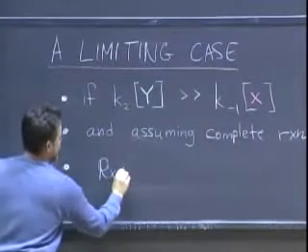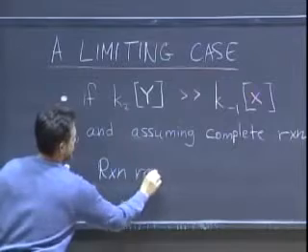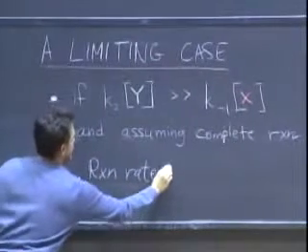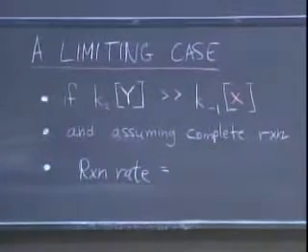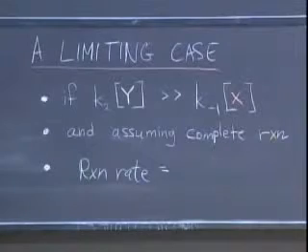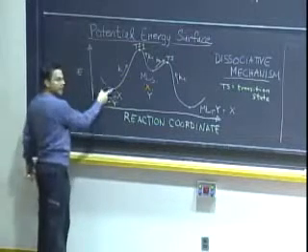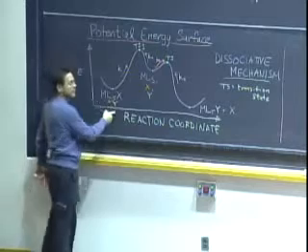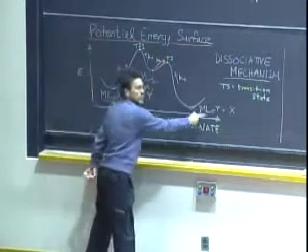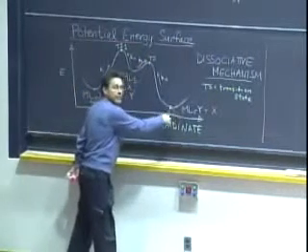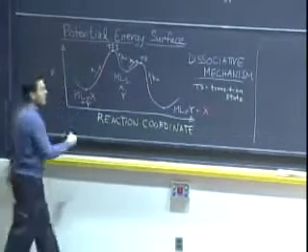the reaction rate, and when we talk about reaction rate, we usually define it in terms of the disappearance of the starting materials, or alternatively, the rate of appearance of the products in a system like this.